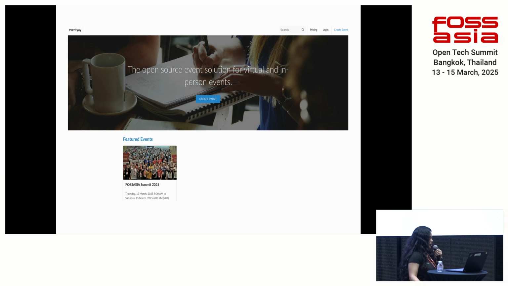This Eventyay is very old, and the project lead passed away during COVID, and no one maintained the project anymore, so it was abandoned for quite some time. And it's hard to find a developer because it uses quite old technologies.